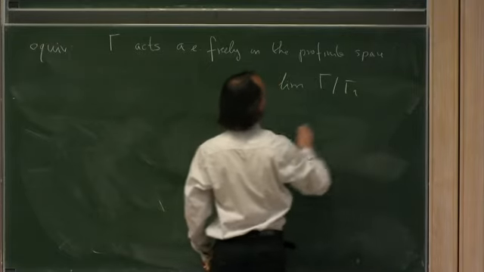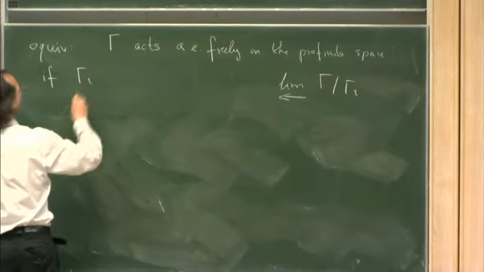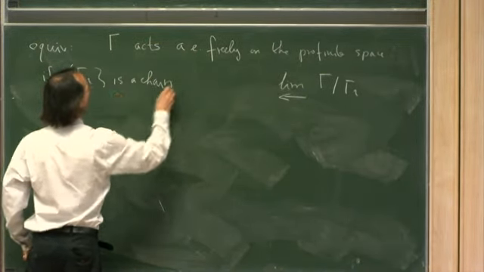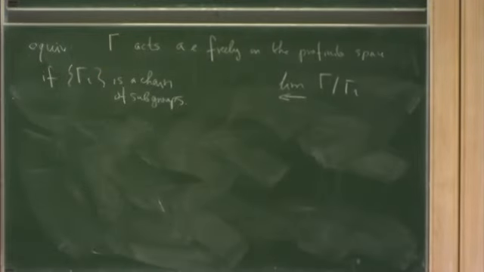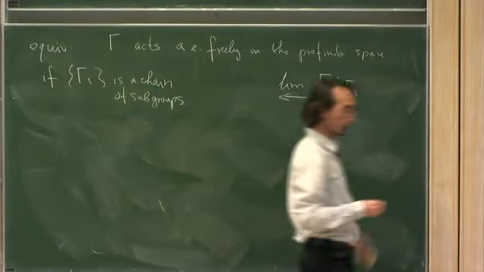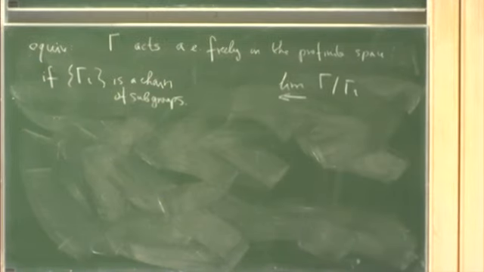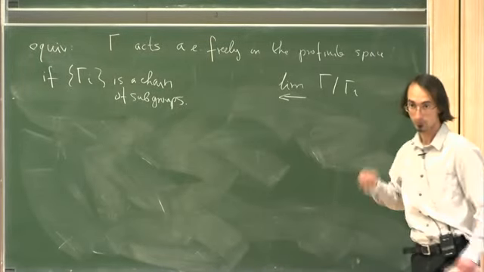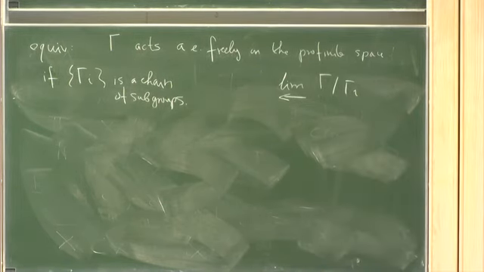This is if the gamma_i are ordered by inclusion, is a chain. Then we can form the inverse limit of the finite coset spaces. This is a profinite space with a counting measure, which induces a probability measure on the profinite space, and the action of gamma by multiplication on the left on the space is almost everywhere free.